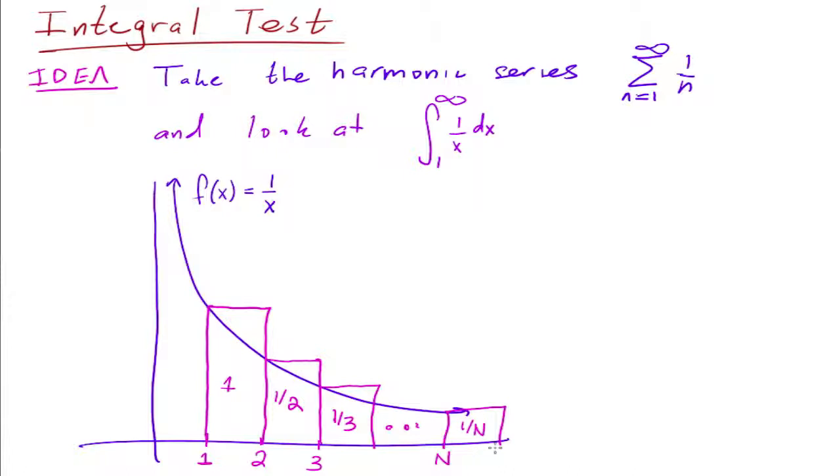So what do you notice about the area of the rectangles? Right here, this is the partial sum, 1 plus 1/2 plus 1/3 plus up to 1 over n, the partial sum of the series 1 over n. What do you notice about the area of the rectangles compared to the area underneath the curve?